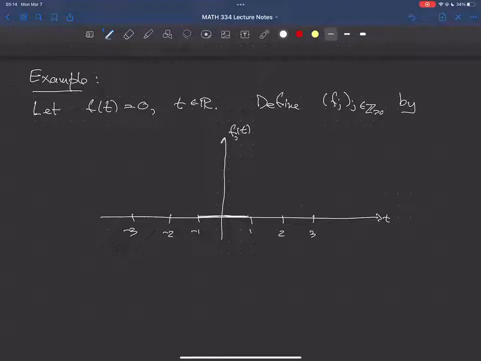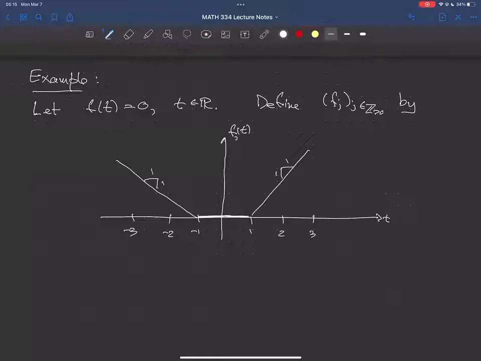It's going to be 0 between -1 and 1, and then it's going to shoot off linearly. It doesn't matter what the slope is; let's say it's 1, just for concreteness. Similarly here, it's going to linearly shoot off.